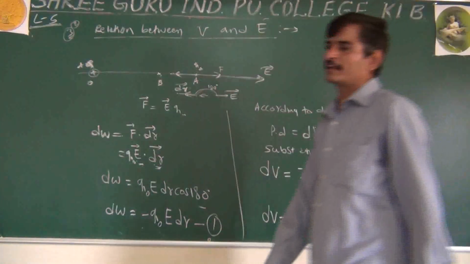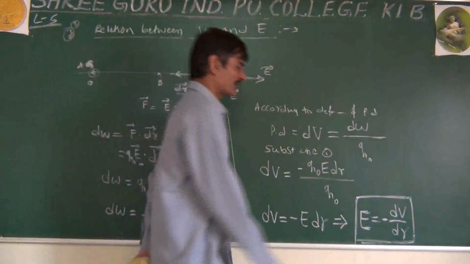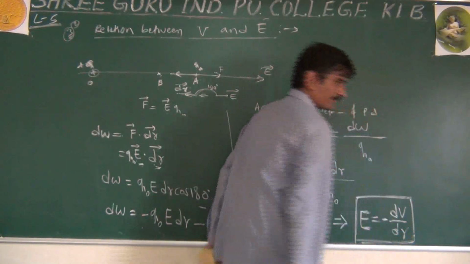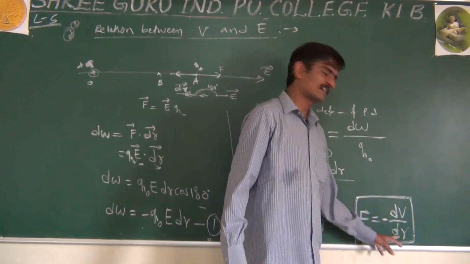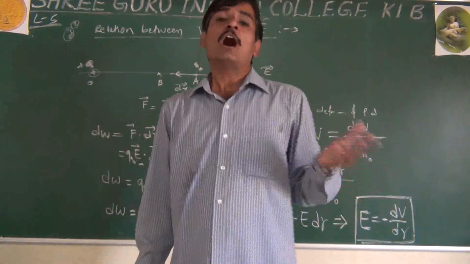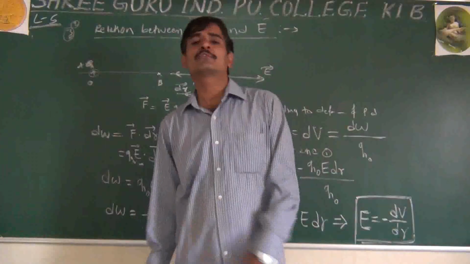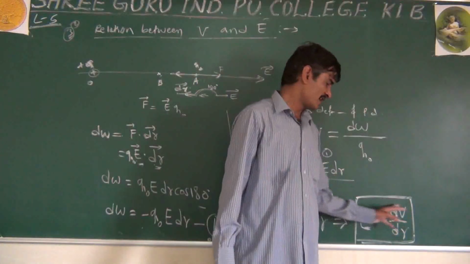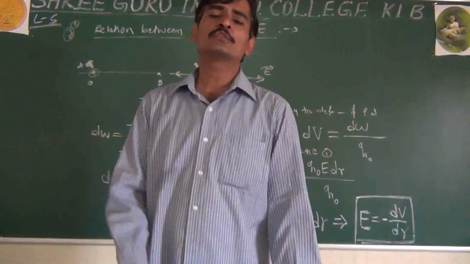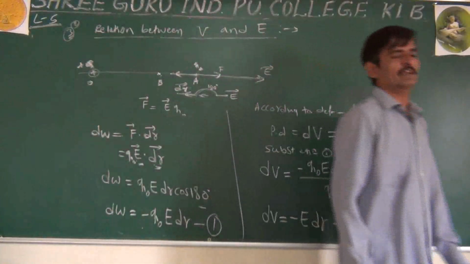Or the negative sign indicates that the change in electric potential per unit displacement is opposite to the direction of the electric field.